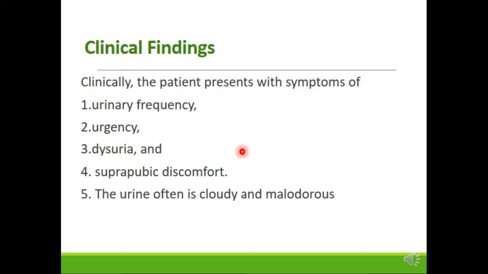Regarding the clinical findings in acute cystitis, clinically the patient presents with symptoms of urinary frequency, urgency, dysuria, and suprapubic discomfort, and the urine often is cloudy and malodorous.